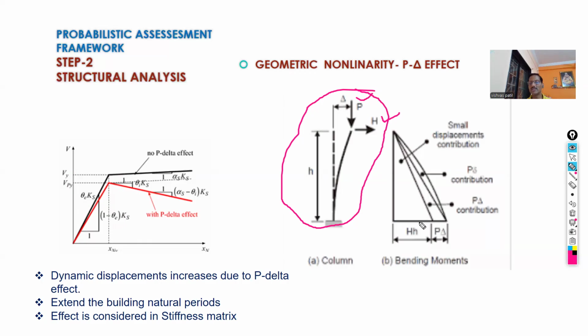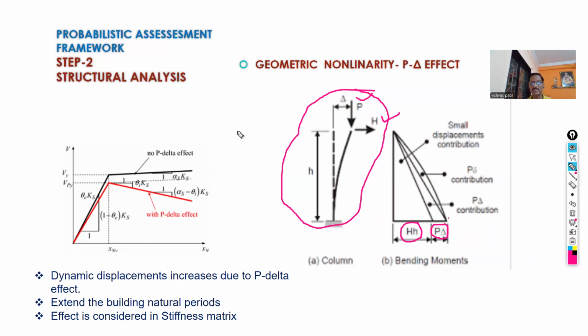First, the moment due to the lateral force, that is force times height of the structure, which is clockwise. Second, the secondary moment, P, the axial load, times delta, the sway. This is known as the P delta moment, and it has a more critical effect on the behavior of the column.